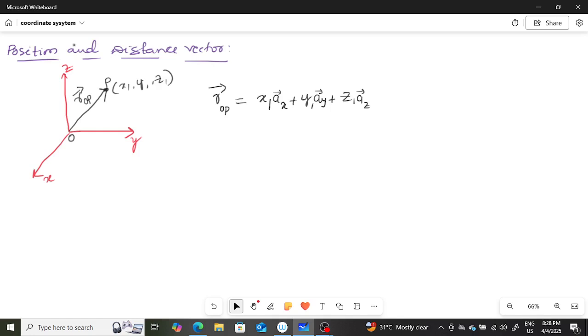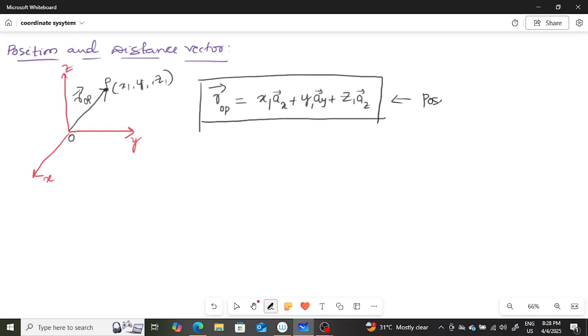Let it be simple so that you can understand the complex problems. R_OP is nothing but the position vector. What is the magnitude of the position vector R? How to find the magnitude?